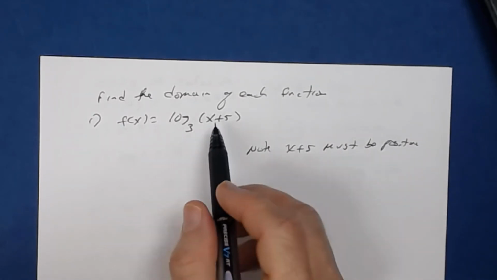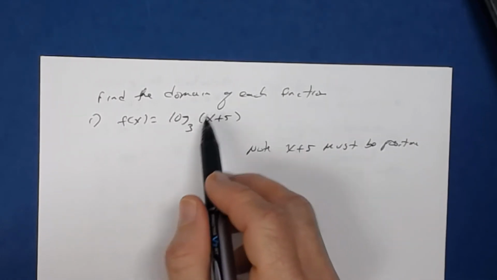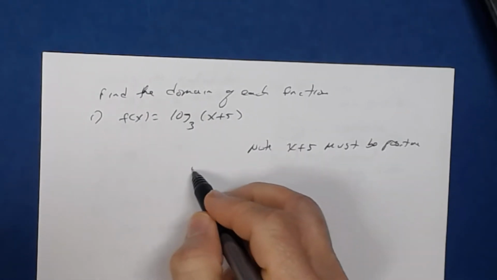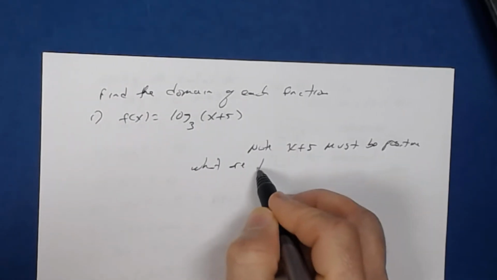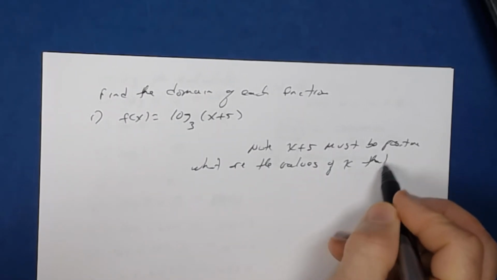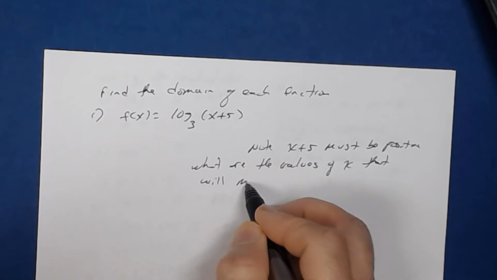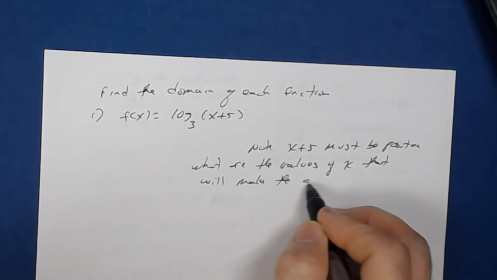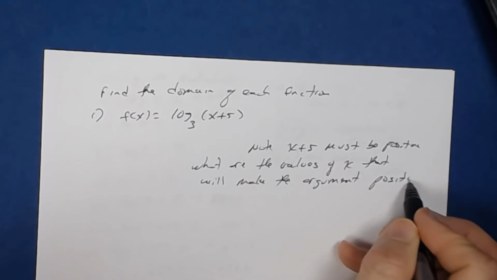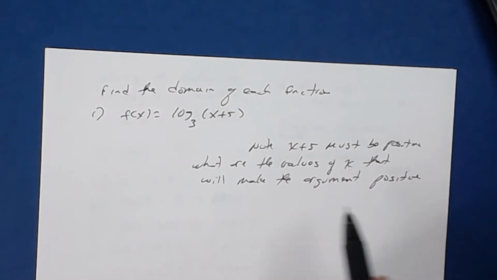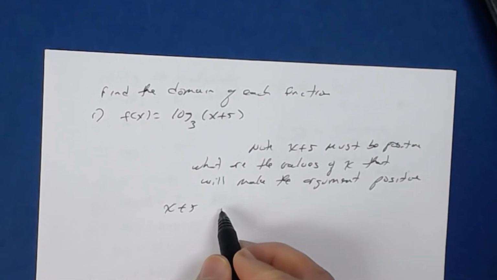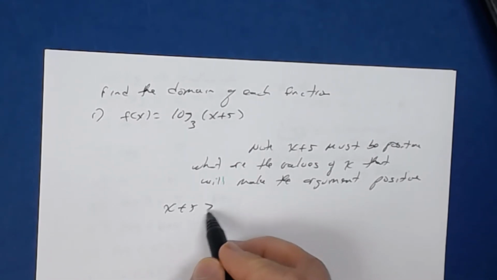So when finding the domain, you're trying to figure out what are the values of x that will make the argument positive. Positive, remember, means greater than 0.